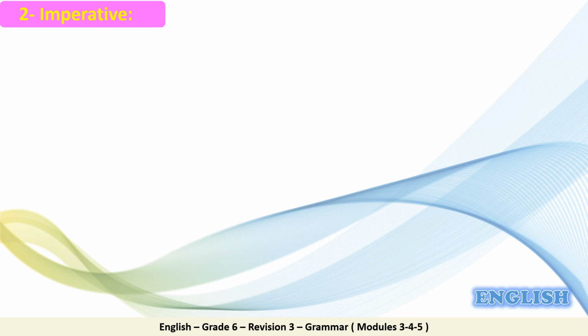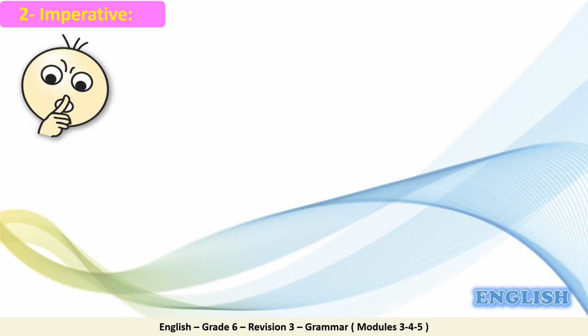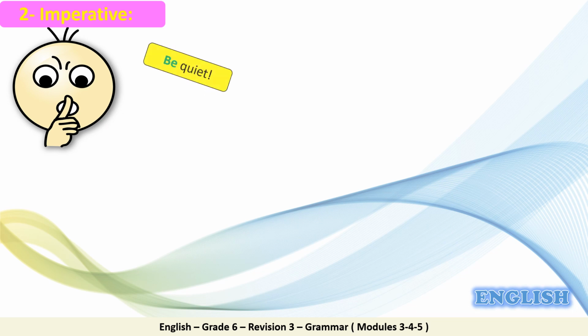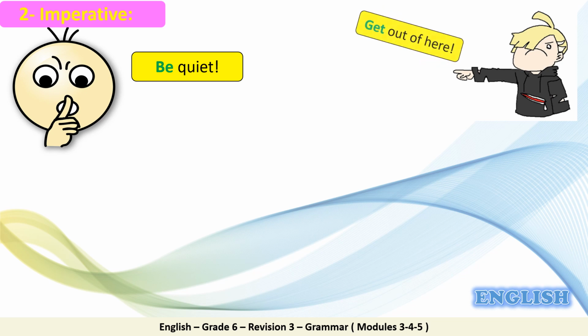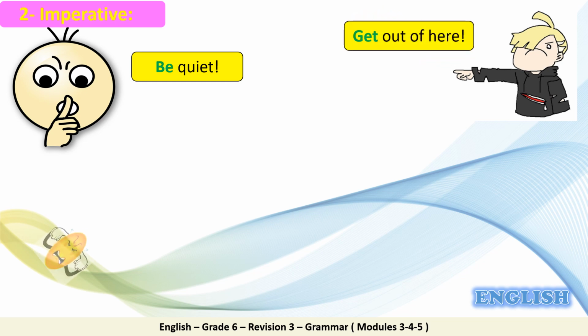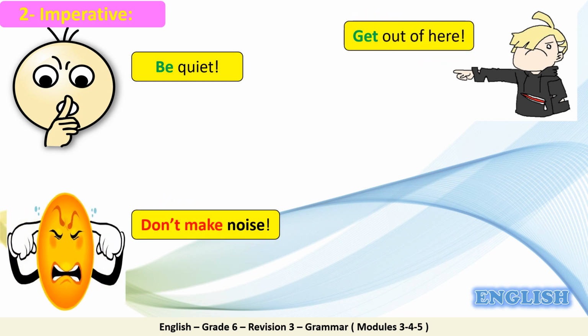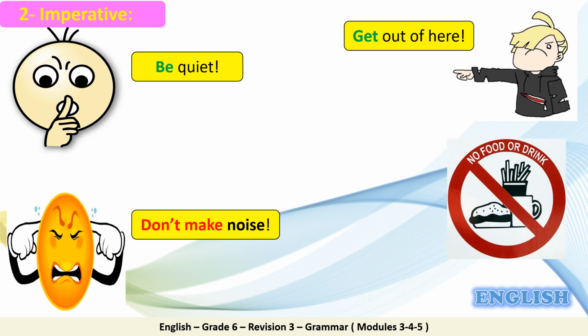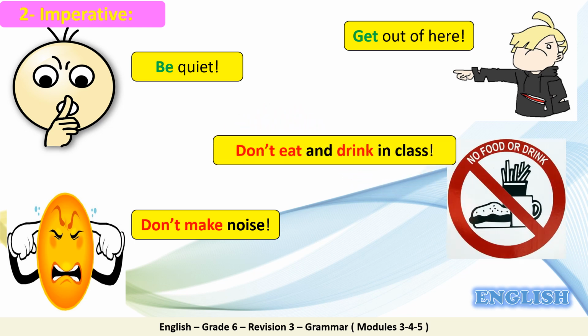Our second grammar point for today is the imperative. In picture number 1, be quiet. Picture number 2, get out of here. Picture 3, don't make noise. Picture 4, don't eat and drink in class.